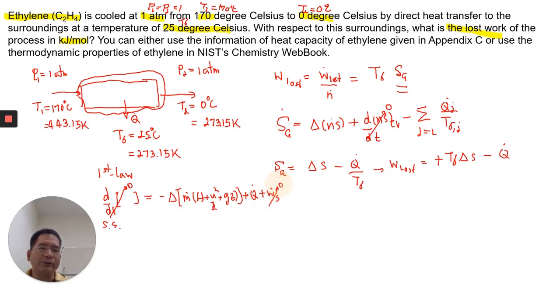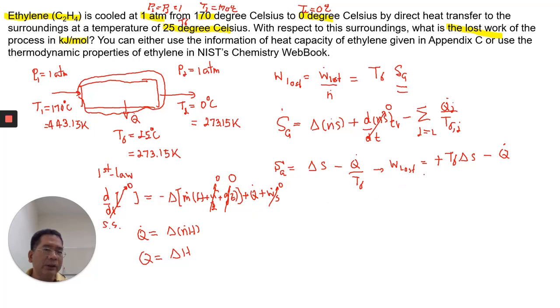There is no work, so this term will be zero. There is no kinetic energy change, there is no potential energy change, so you end up with q dot equal to delta n dot h. But you divide both sides by n dot and you obtain q dot equal to delta h.